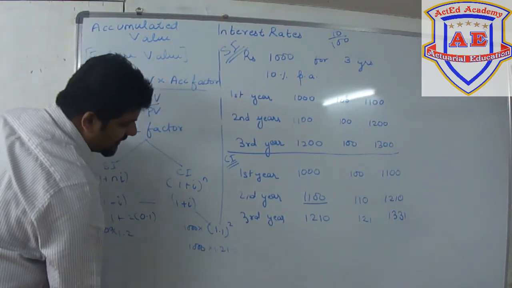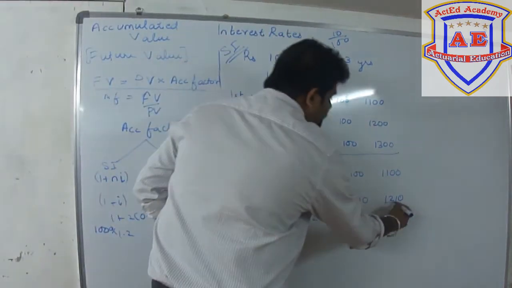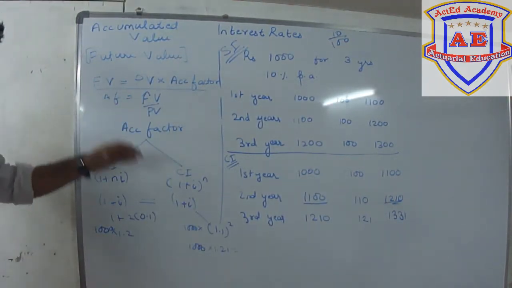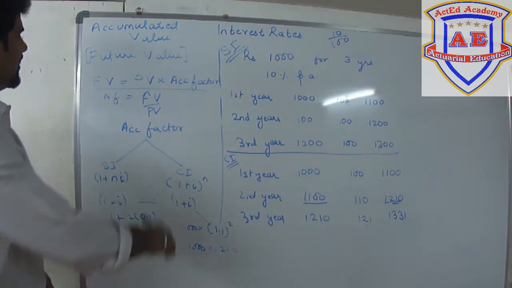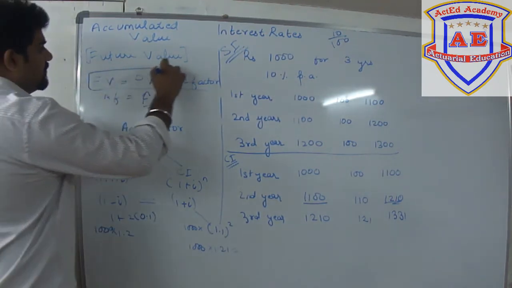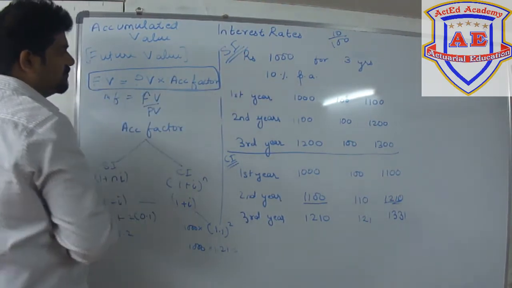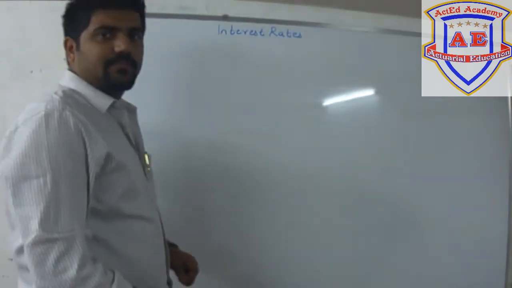So you were supposed to get 1210, and that is exactly the amount that we are getting over here. I hope this is clear. So you can do it for any number of years. n can be anything. By using this formula, it becomes very easy to calculate your future value.